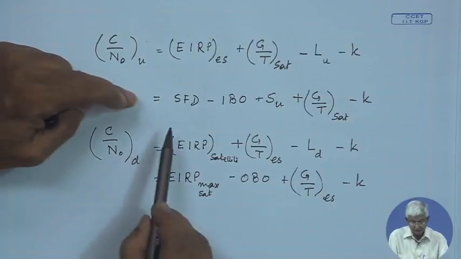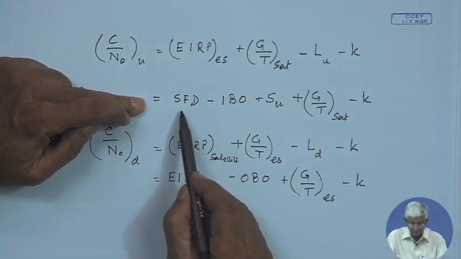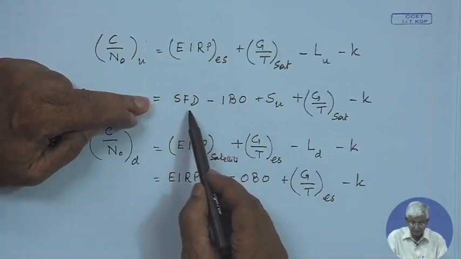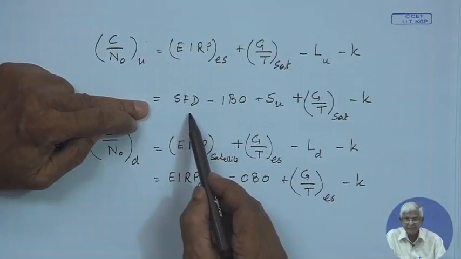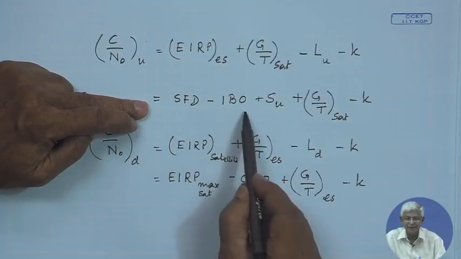So, now this uplink is defined not in terms of earth station EIRP, but in terms of the satellite saturation power flux density minus input backoff, that is the operating point defined.